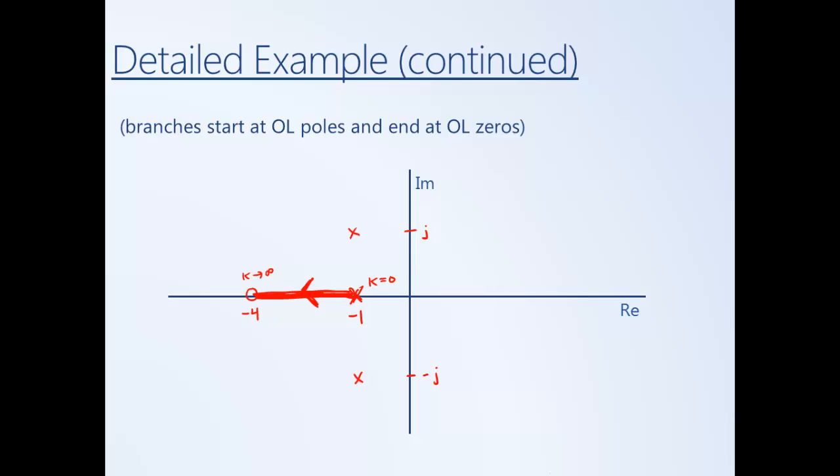So we know that our asymptotes will go at +90 and -90, but we don't know if the asymptotes will be located over here or over here. It turns out they're in the right half plane. So you'll have some asymptote going up at 90 degrees, and you'll have some asymptote going down at 90 degrees. And you'll end up with something like this.